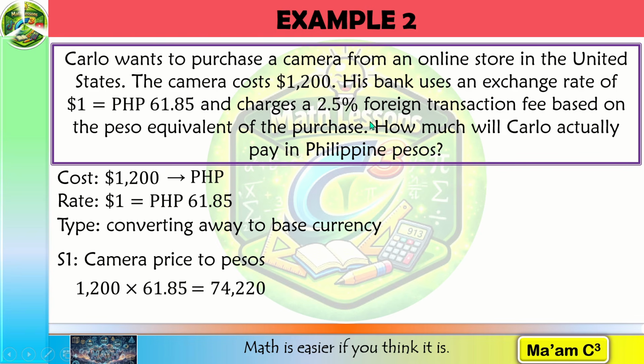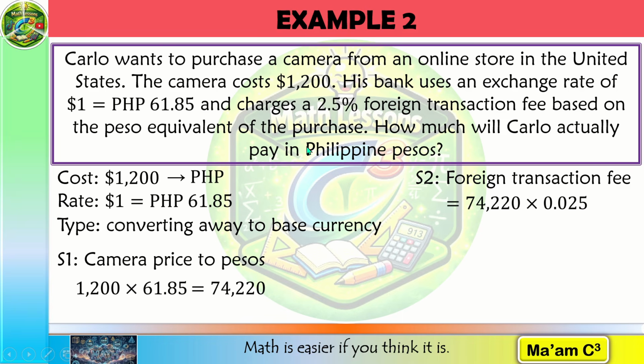Now, since there is a foreign transaction fee, we're going to compute for that. And it is based on the peso equivalent of the purchase. The peso equivalent of the purchase is 74,220. So we're going to multiply this with 2.5%. In decimal, 0.025. And this is 1,855.5.